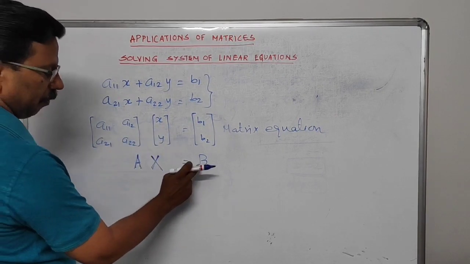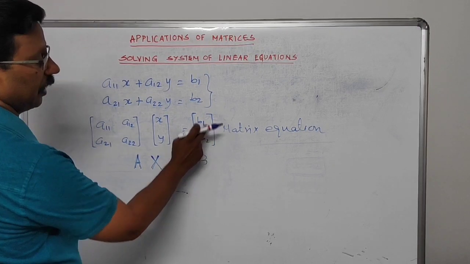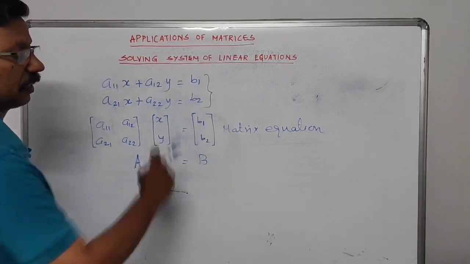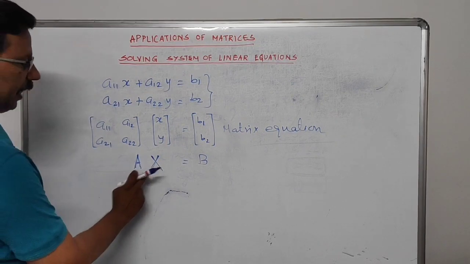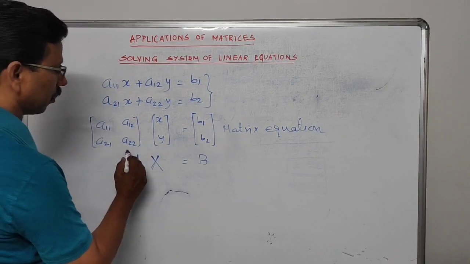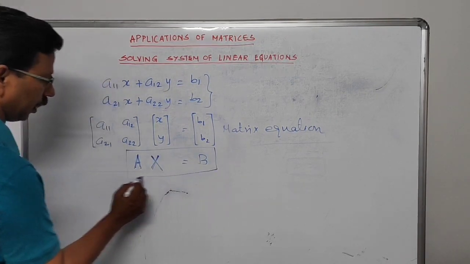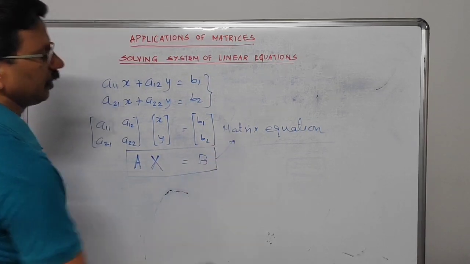The matrix B is obtained with the help of the constants on the right hand side of the equation. Now AX equal to B is called the matrix equation in general form.